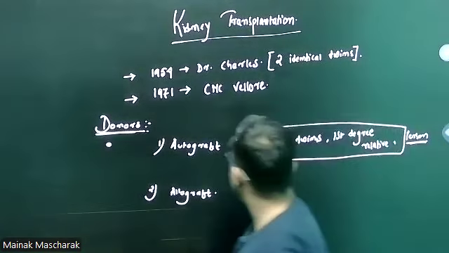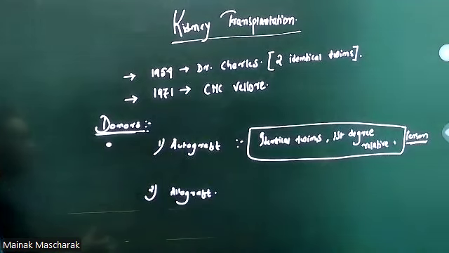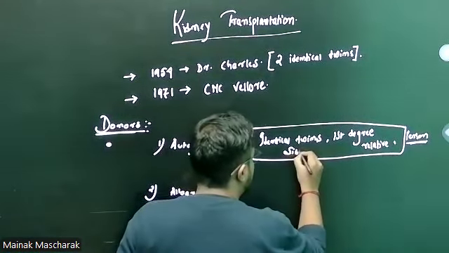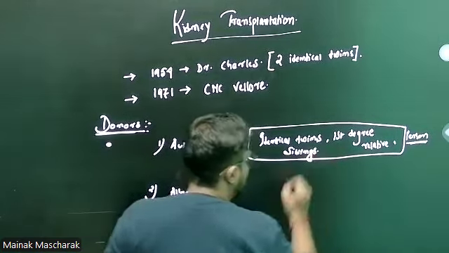First degree relative means siblings, yes or no? Then you'll call it autograft.